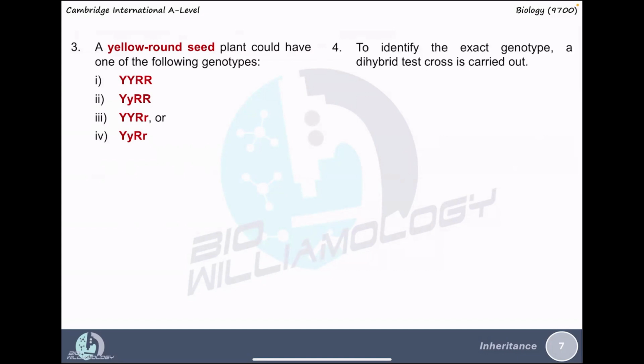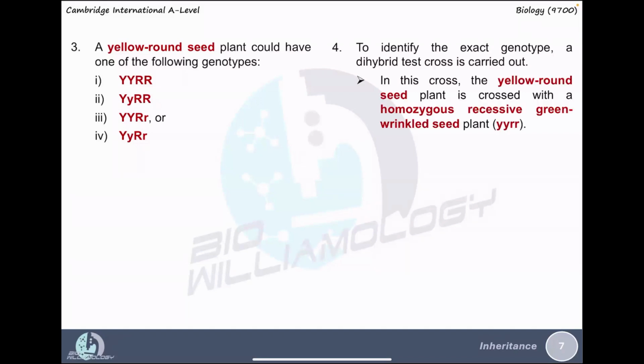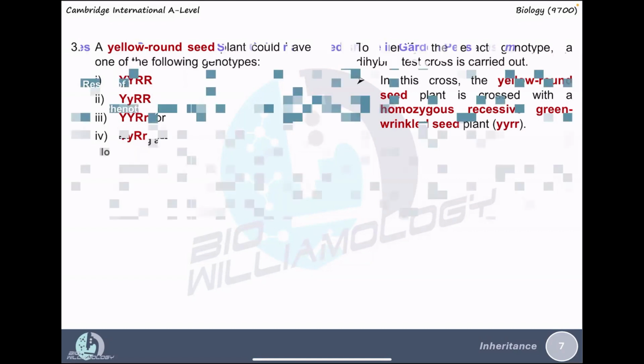To identify the exact genotype, a dihybrid test cross is carried out. In this case, the yellow round seed plant is crossed with a homozygous recessive green wrinkled seed plant because we want those recessive alleles to be expressed in the offspring phenotype.